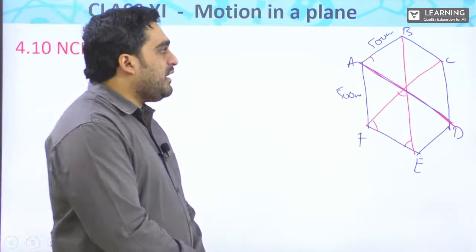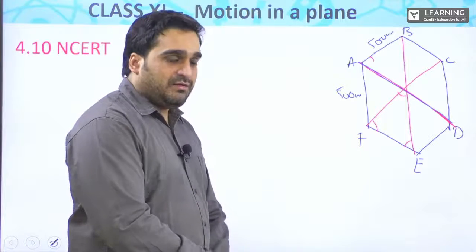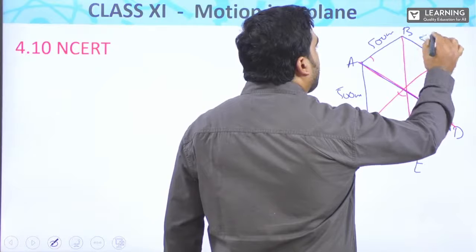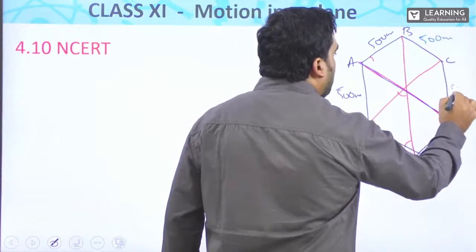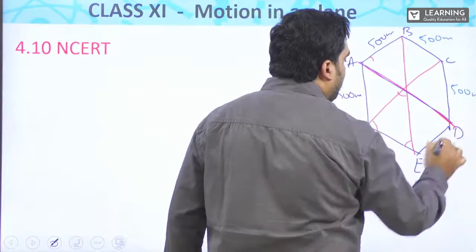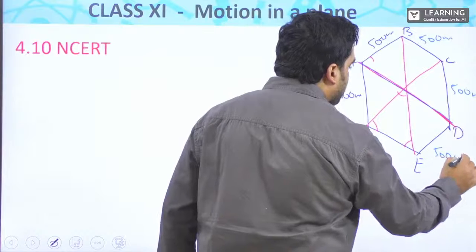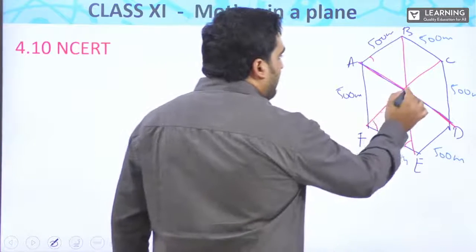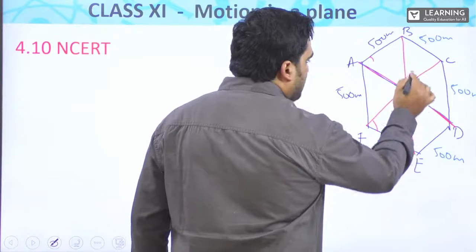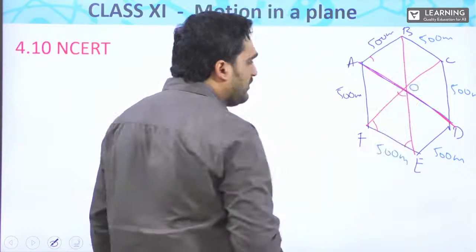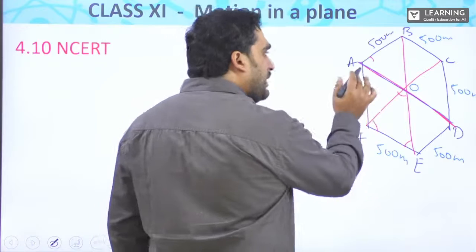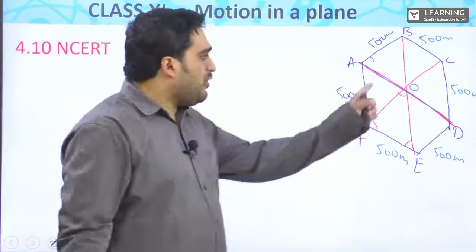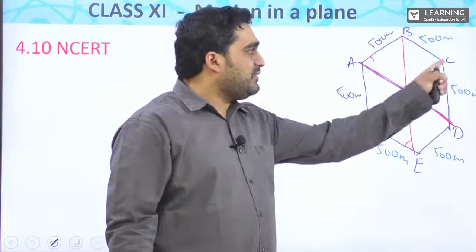Now it may be hard to identify initially, but have a close look at this. All the sides are 500 meters. To identify, let's call the point of intersection of all the diagonals O. To identify the length of OA, OA will be parallel to BC.